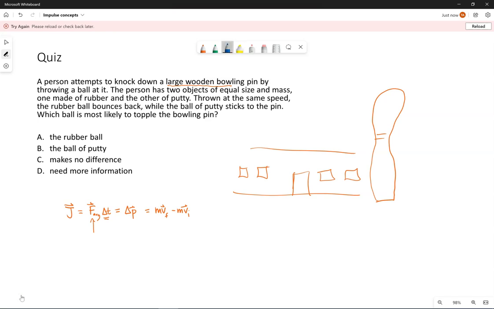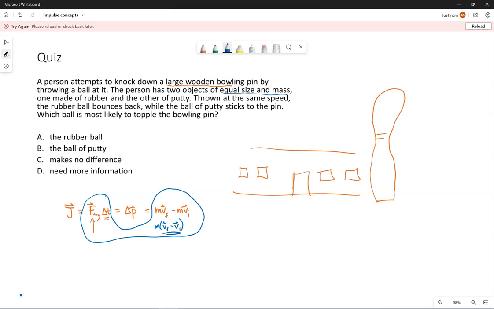In this particular case, I want to relate my force to this change in momentum. The balls themselves have the same size and mass, according to the problem, so the mass of the ball is not going to matter.